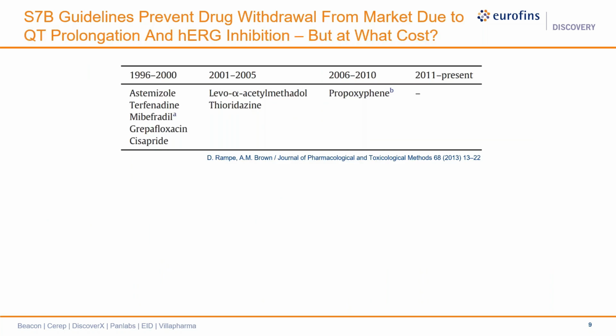These guidelines were very efficient in preventing new drugs with cardiac liabilities from being released to the market. As you can see in this table here, after the year 2000, there was only a very small number of drugs that had to be withdrawn from the market because they had cardiac safety issues.